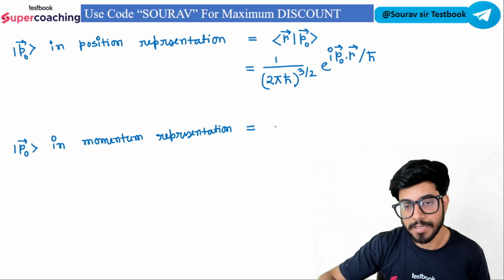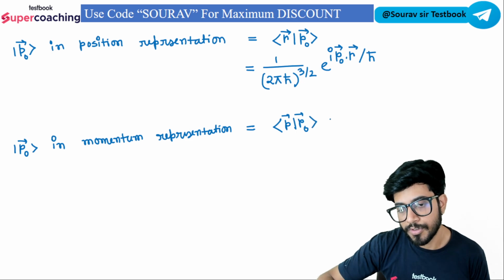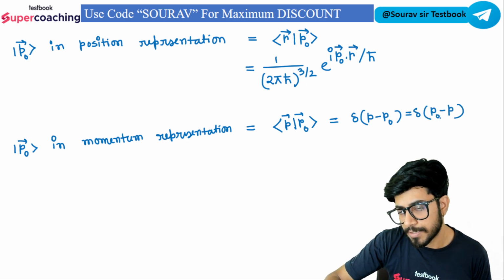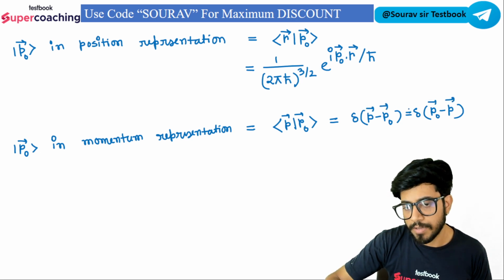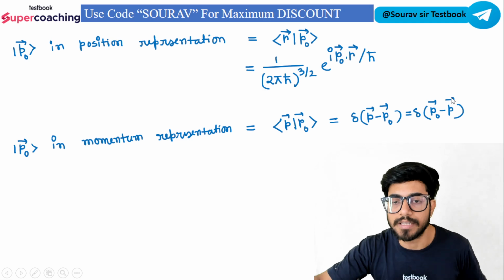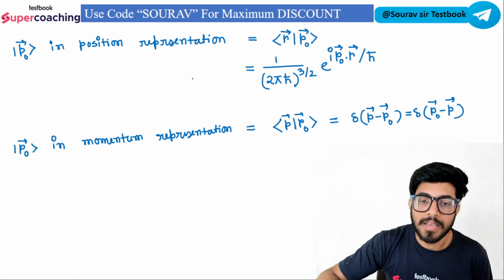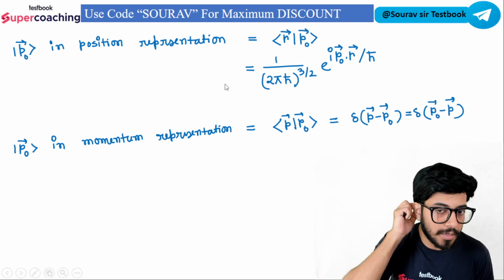It should be written as P with P naught, which will come out as delta of P minus P naught, delta of P naught minus P, same thing, doesn't alter anything. You can write the function like this or like this. So it's basically a function of P, it's basically a function of R. It's a function of R, it's a function of P, right?